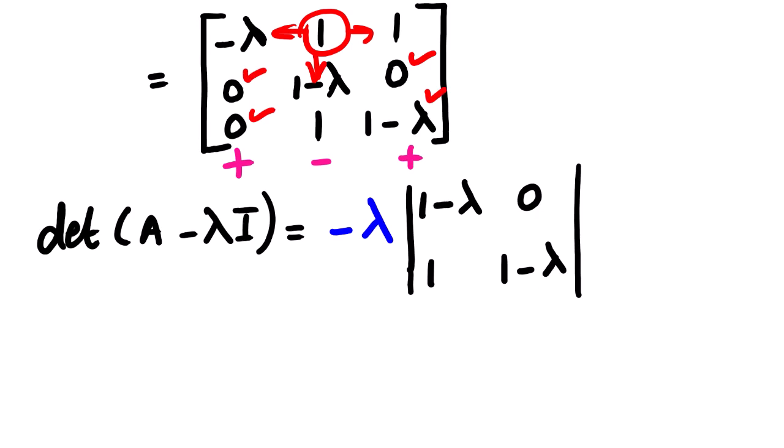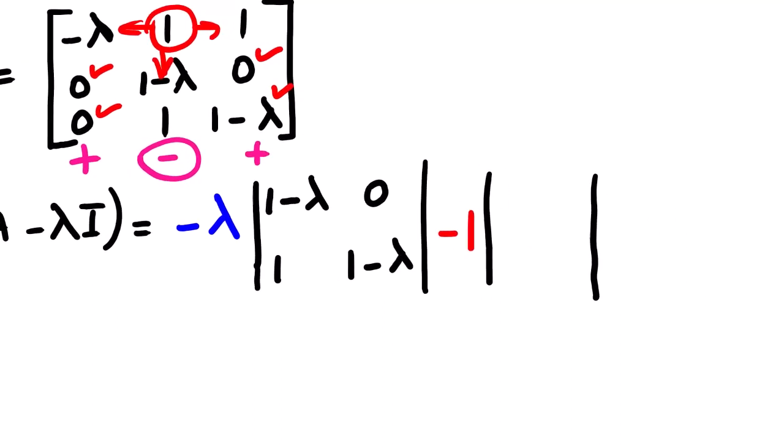Then remember, the pattern says the second position will be negative, so you're going to put negative 1. Look at the remaining 2x2 matrix: 0, 0, 0, 1 minus lambda.